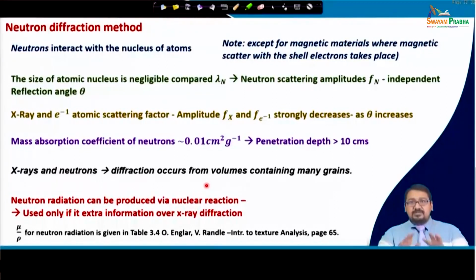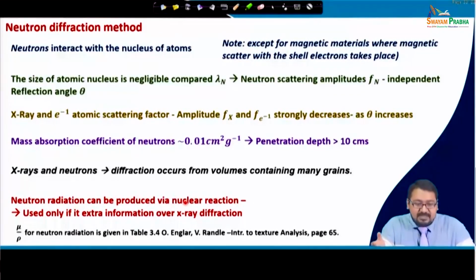Even though neutrons give information from a penetration depth greater than 10 centimeters, they can only be produced in a nuclear reactor, and should only be used if the information cannot be obtained from normal X-ray diffraction.